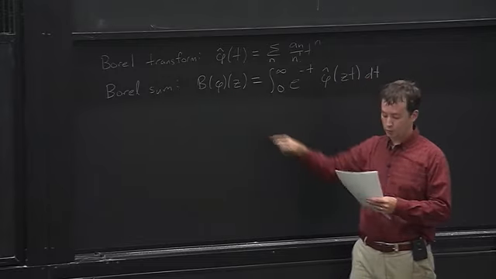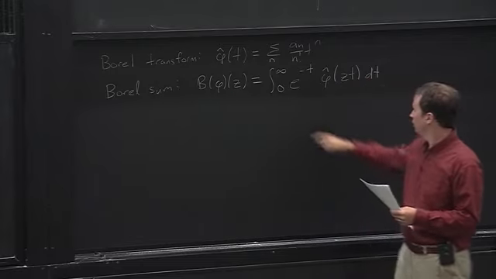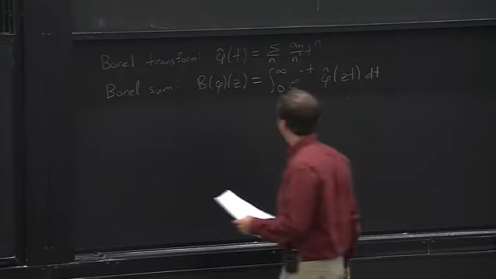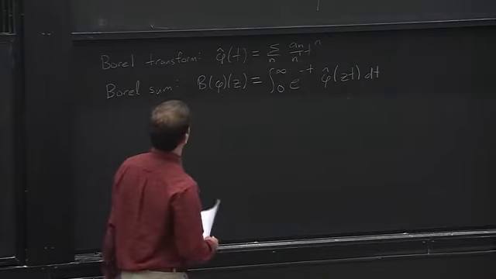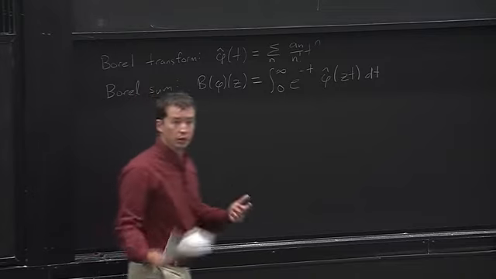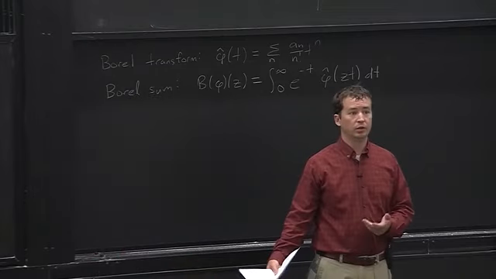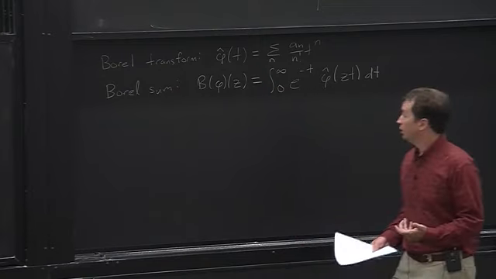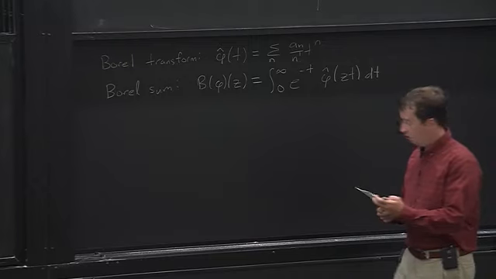Before I said z equal to 1. And so this more general procedure is useful because sometimes it lets us go back from the asymptotic series to recover the exact quantity of interest.